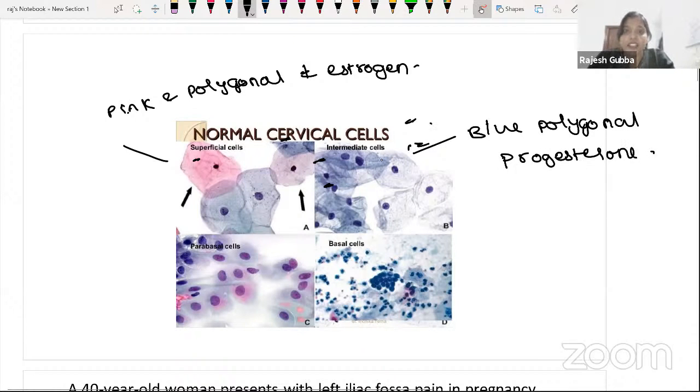Estrogen, very good Vishal, estrogen is the superficial cells. Progesterone is intermediate cells, and you also have basal and parabasal cells.